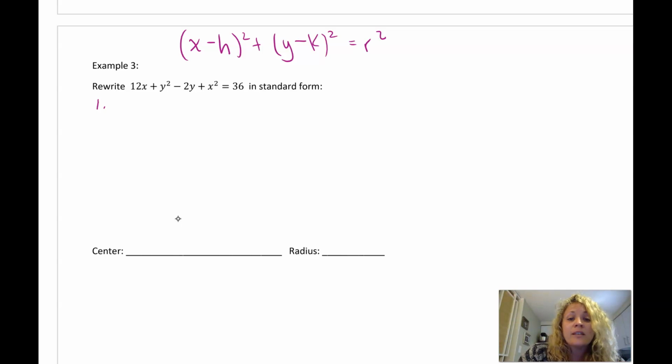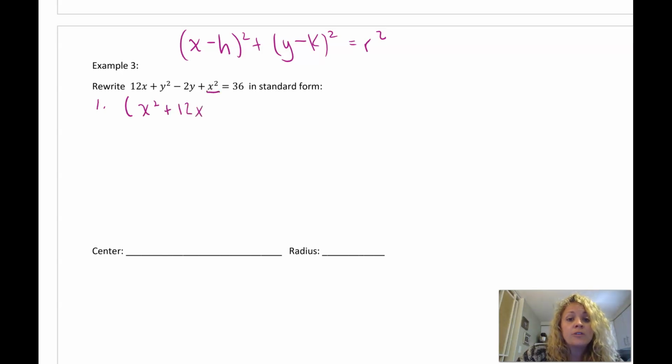So I know that when I do my regroup step, I want to start regrouping in an order that will make it easier to complete the square. So I'm going to put my x's together first on the left, and I'm going to rewrite it so x squared is in front plus 12x.